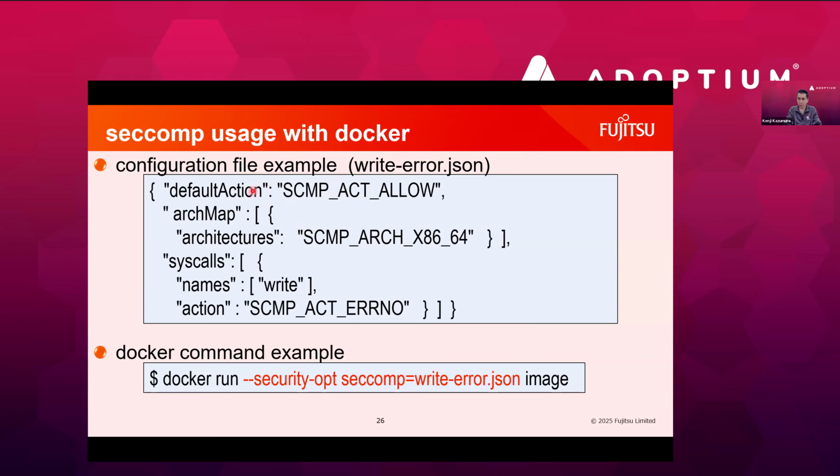In this example, we are allowing all system calls by default in this line. And we create a specific exception for the write system call, making it return an error with this action. Then you just apply this policy at runtime using the security-opt flag.